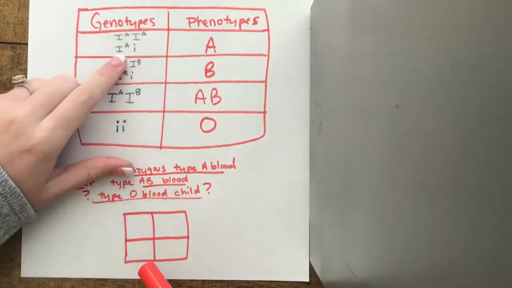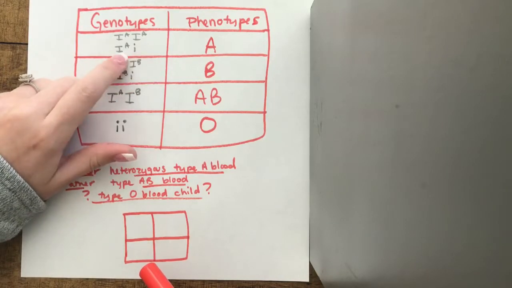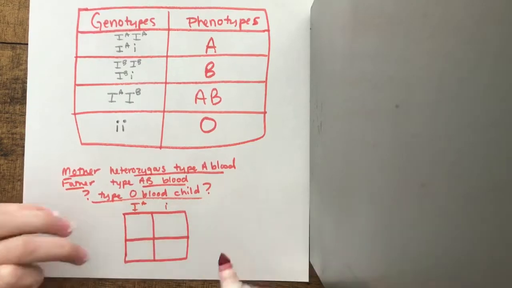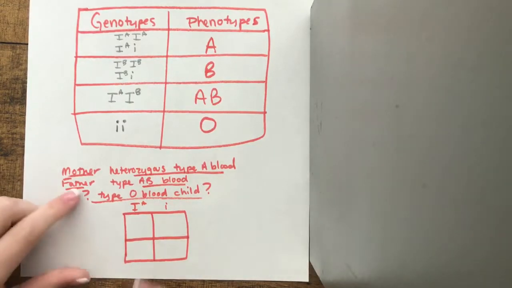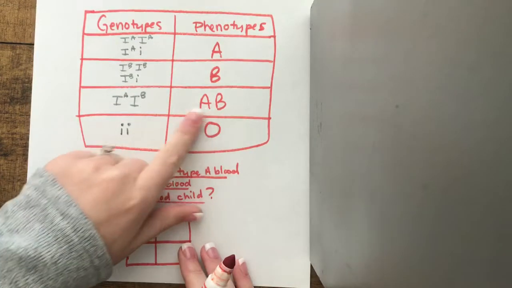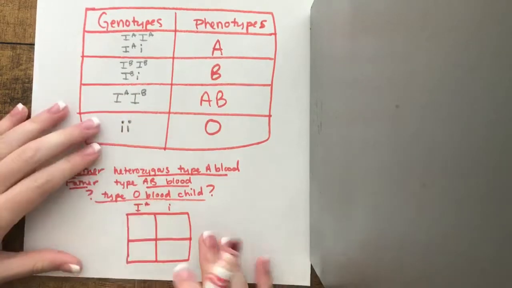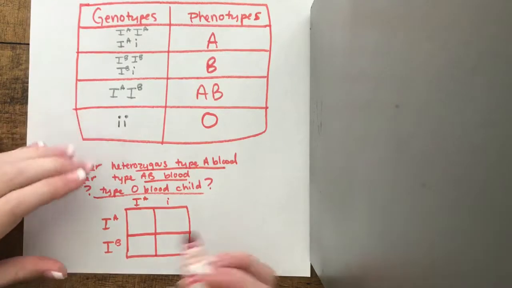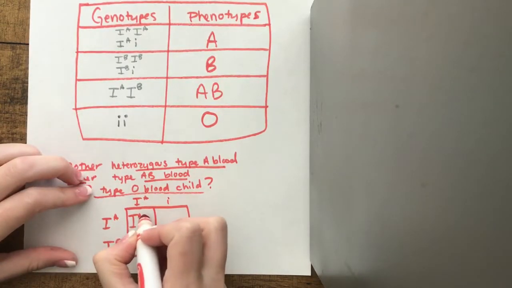Now it said mom's heterozygous, so she's going to have one of each, one of the dominant and the recessive. So for mom, we're going to put IA little i. And it says dad is type AB blood, so his genotype is going to have to be IA IB. Then you can do your Punnett square.